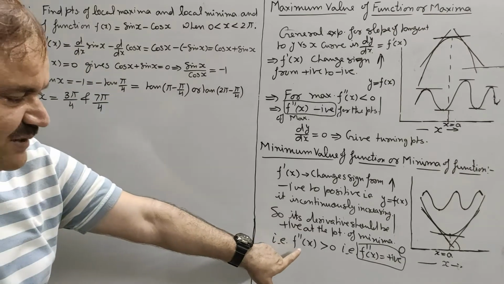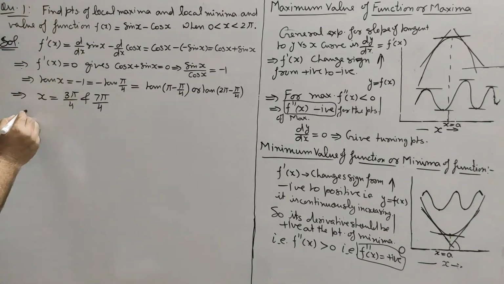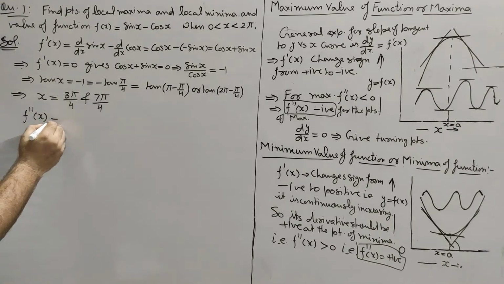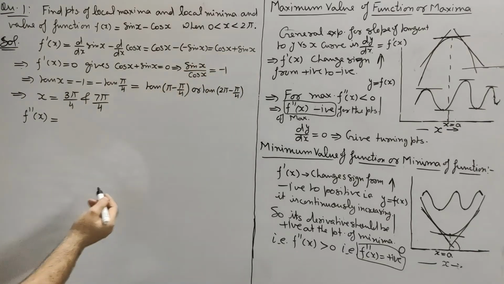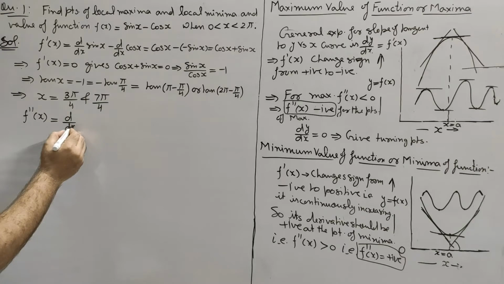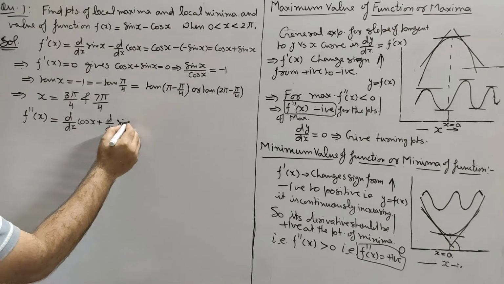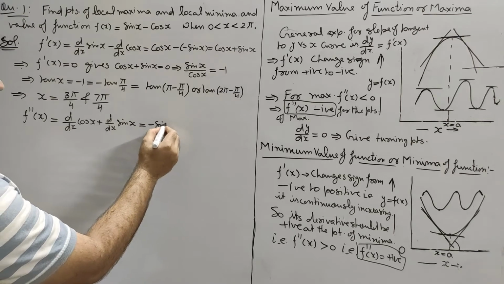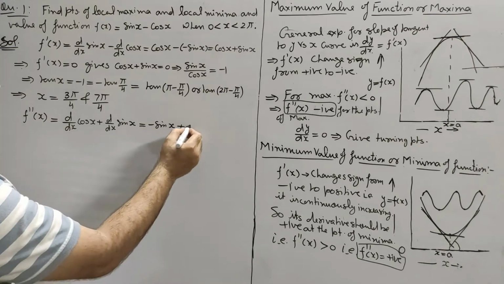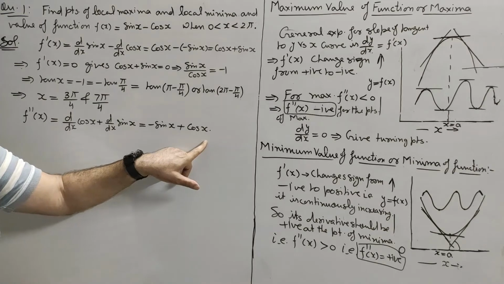For that we will have to find out the second derivative of f(x), that is f double dash x, which will be differentiation of f dash x, that is differentiation of cos x plus sin x, and that will be d by dx of cos x plus d by dx of sin x. d by dx of cos x will be minus sin x plus d by dx of sin x will be cos x. So the second derivative of function is minus sin x plus cos x.